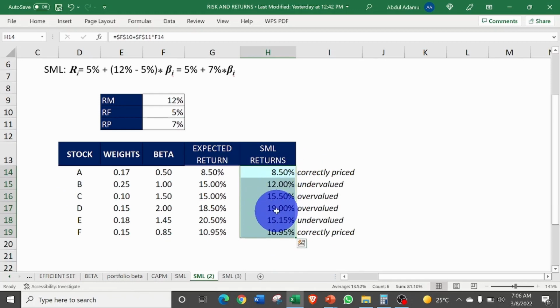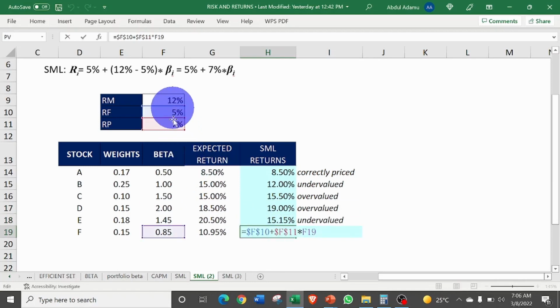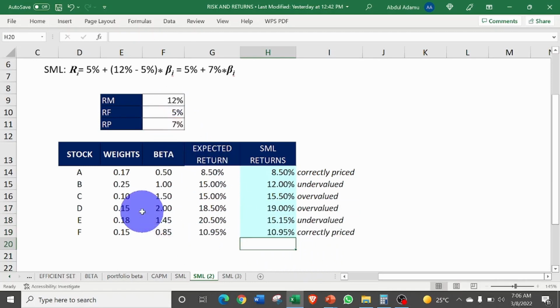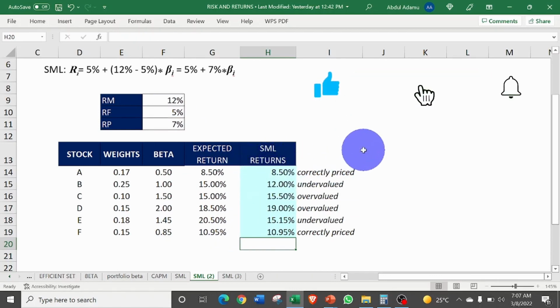So for each of them, let's check and see whether it captured it well. Captured it well. The last one, edit mode, it captured it well. Now if you see the first one, this is the value on this market line. This value is equals to the expected return.